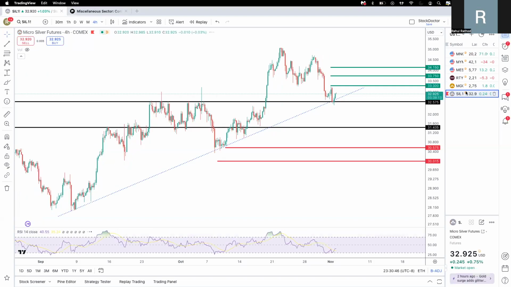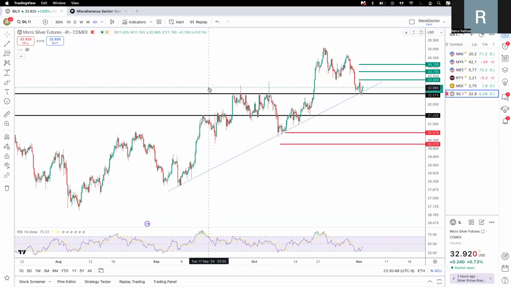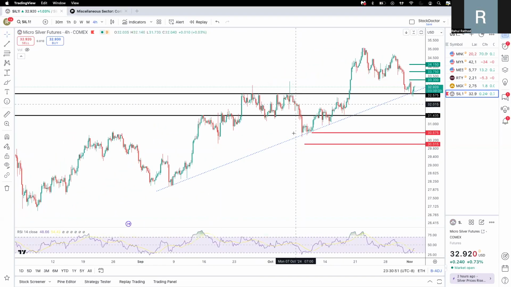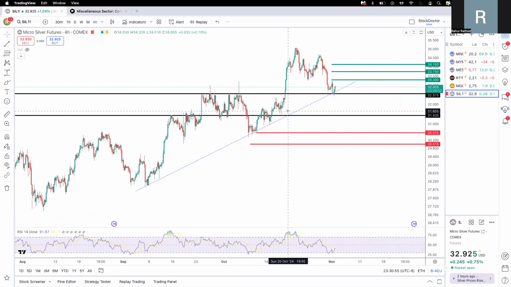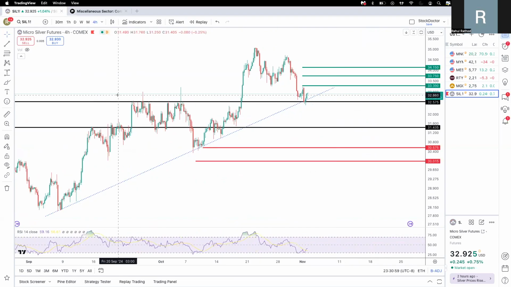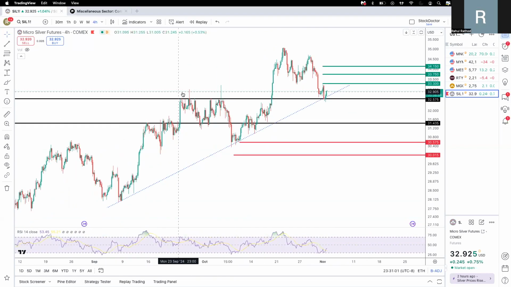Now, silver. We all know that silver went up from the level of 27 to 35, and then after this big upside, it corrected, which was required. So for silver, I can say that it has a support area between 32.50 and 31.50.